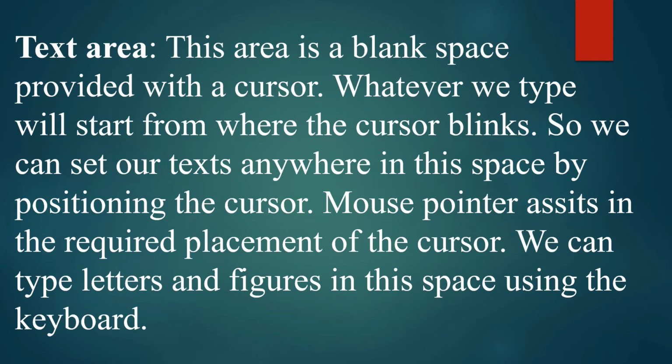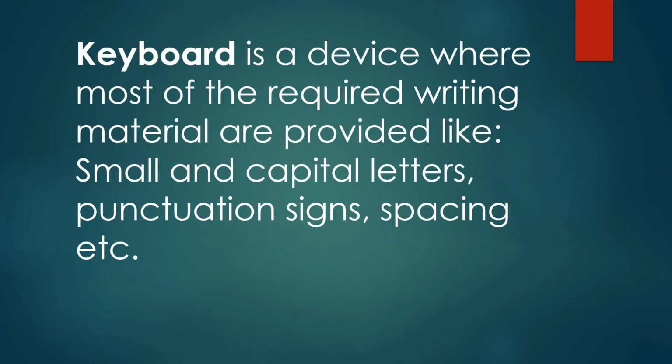We can type letters and figures in this space using the keyboard. Keyboard is a device where most of the required writing material is provided, like small and capital letters, punctuation signs, spacing.